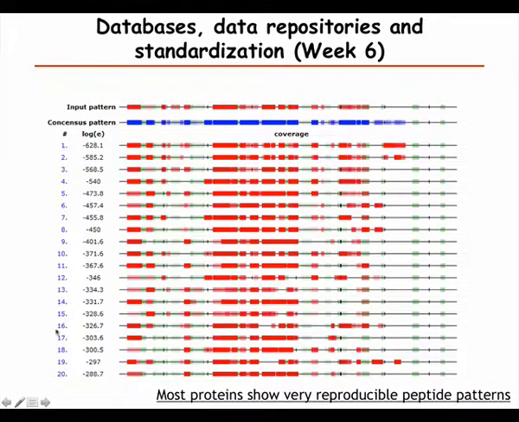These are just 20 experiments from GPMDB looking at one protein, and the red shows which peptides people observe, and the green, which peptides are probably very difficult to observe because they are either too short to work well in mass spectrometry, or too long, or very hydrophobic. But as you see, the pattern is very similar. People observe quite similar peptides, although there is some variation.